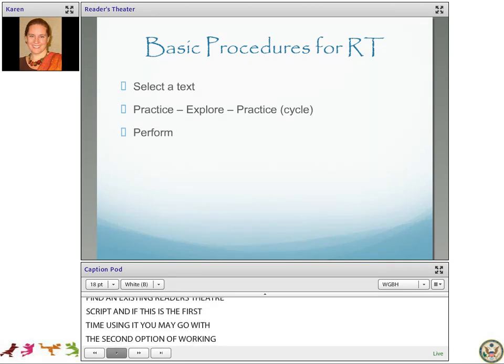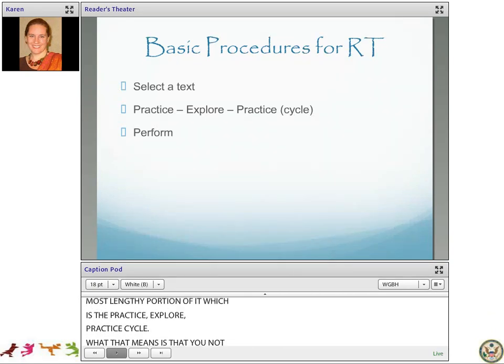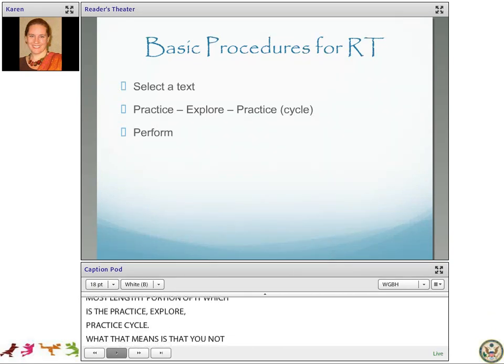The second basic procedure would be the most important and the most lengthy portion of it, which is the practice, explore, practice cycle. What that means is that you not just rehearse the script with your learners, but rather that you help them explore different aspects of language each time they revisit the script.